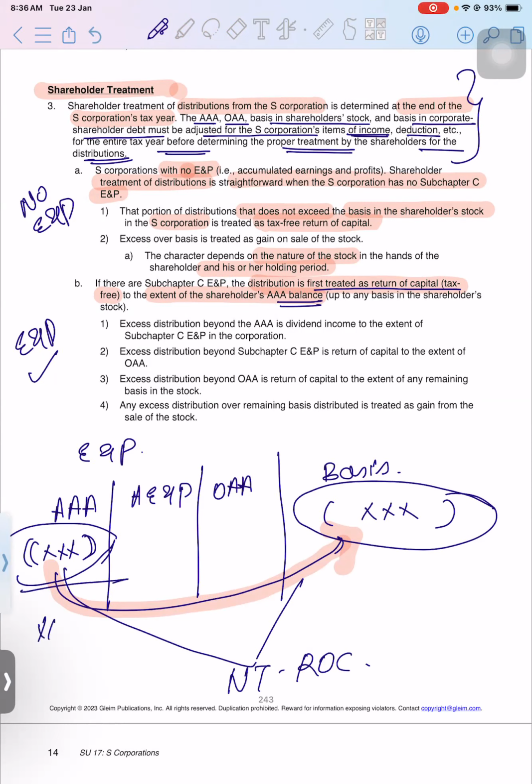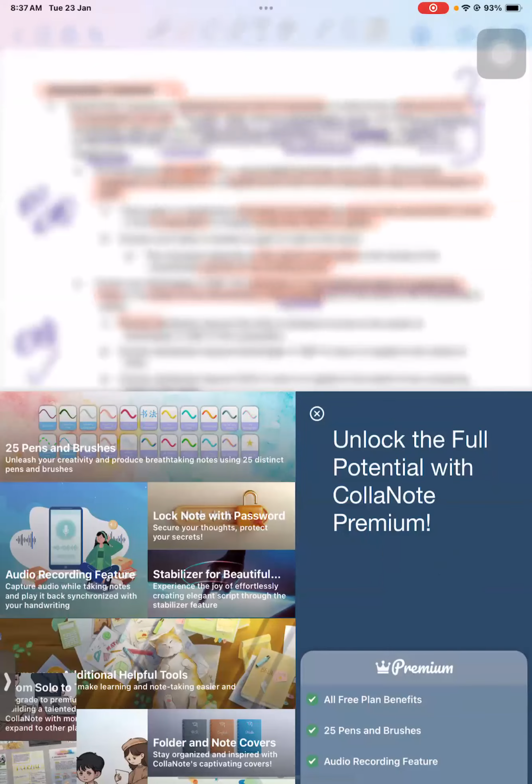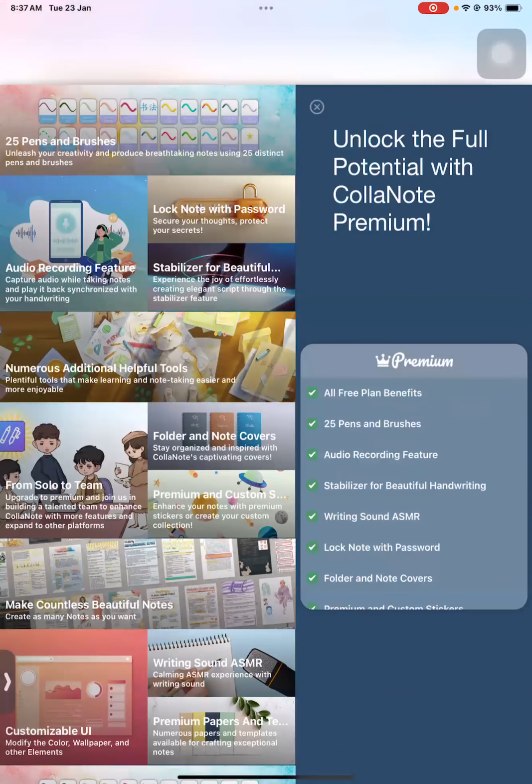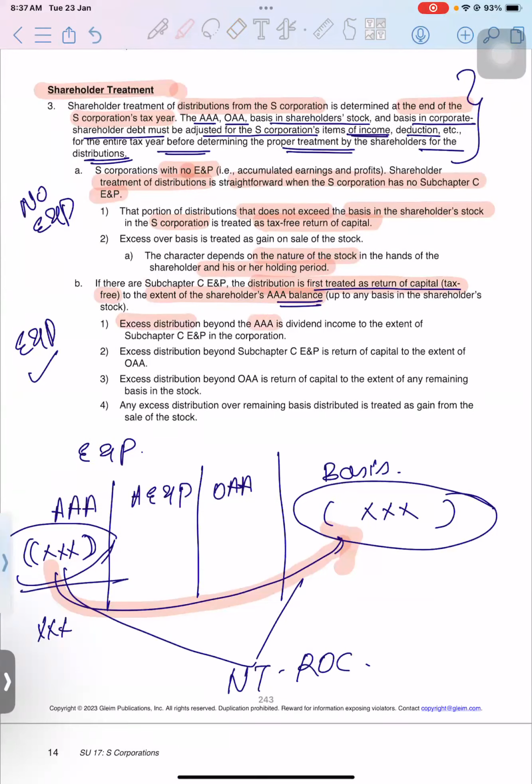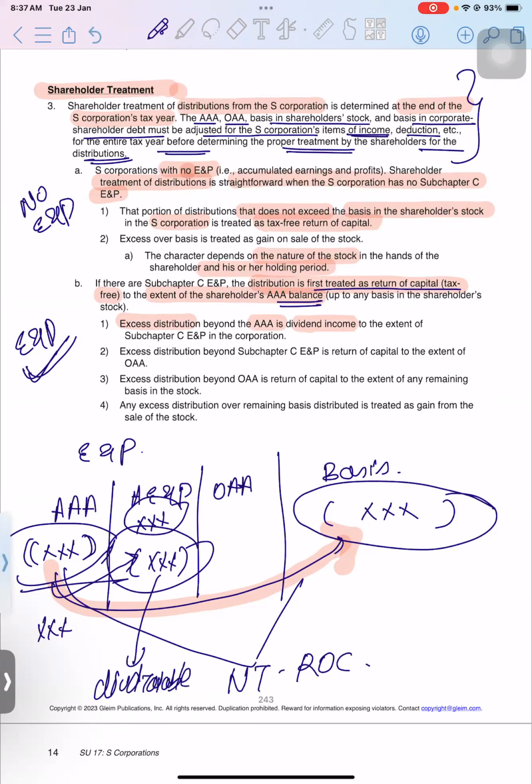Now, there may still be some distributions which you have made. So an excess distribution beyond AAA is dividend income, up to the balance of accumulated ENP. If there is a balance, up to the balance of ENP, it will be treated as taxable dividend income.